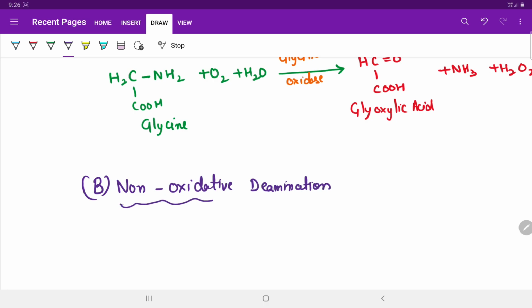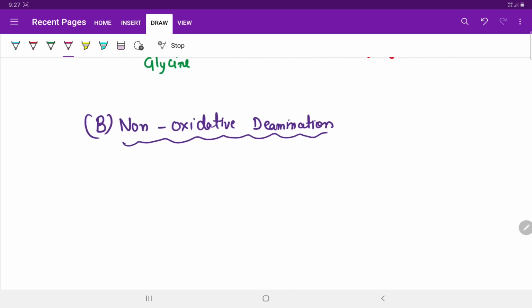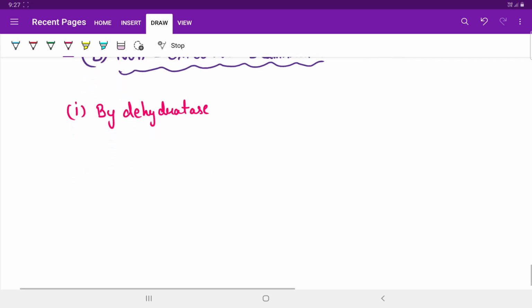So in this category, the first reaction will be by amino acid dehydratase. Serine, threonine and homoserine are deaminated by specific dehydratases which require the pyridoxal phosphate as a cofactor.